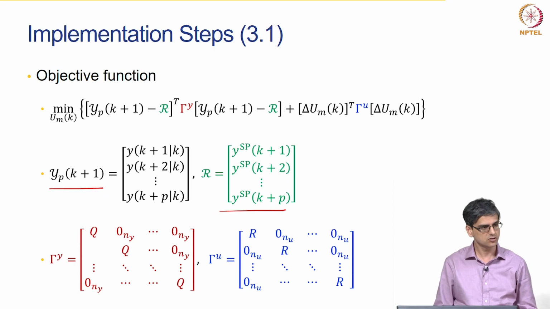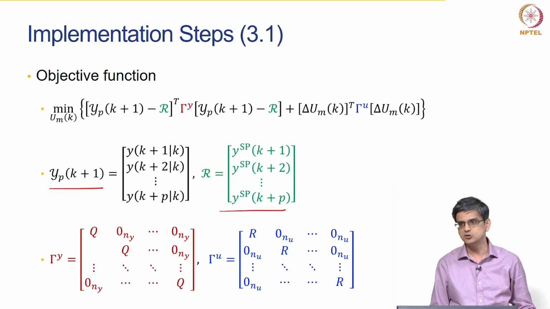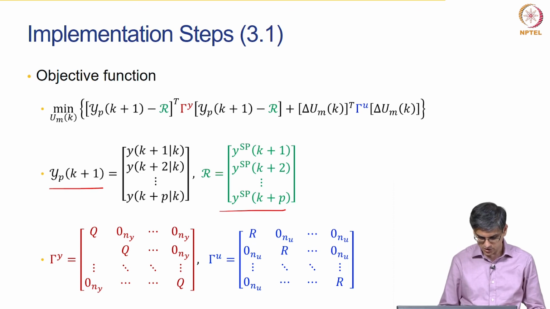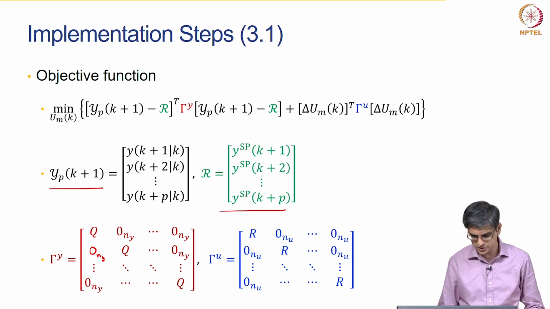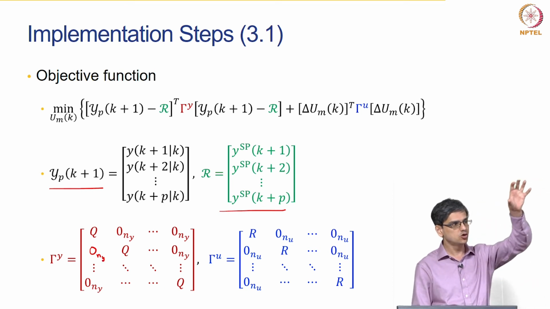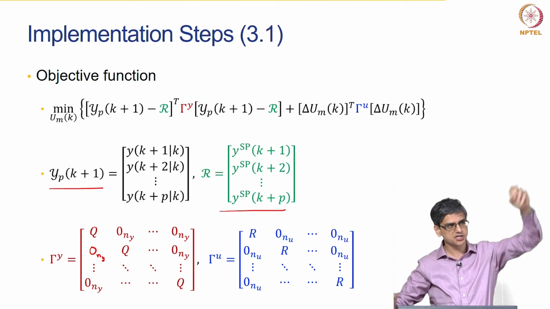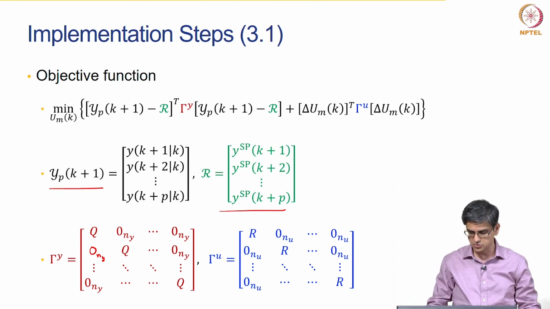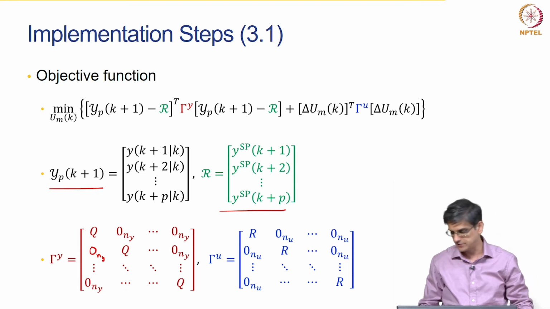No, it does not have to be a constant value, it can be anything that you choose. Most common is a constant value. Okay. Your gamma y, there should be a 0 over here, okay, is your Q matrices arranged only along the diagonal, all the off diagonal elements are all zeros. Same thing with gamma u as well.